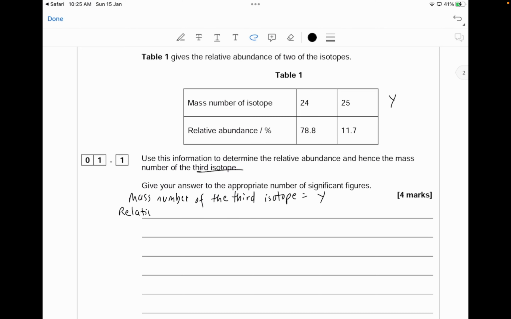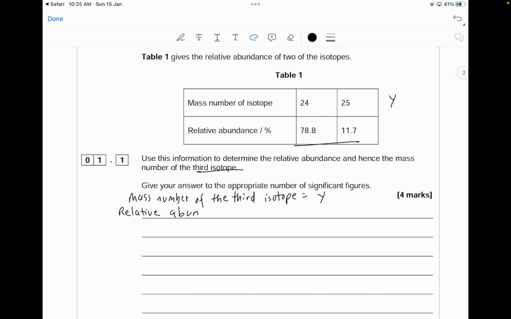So they have given us the 2 relative abundances, meaning that we can add these 2 values together and subtract it from 100%. Since we know that this is a percentage, the total is going to be 100%. So the relative abundance of Y in terms of percentage is going to be 100% minus 78.8% plus 11.7%. So guys, when you put this in your calculator, do not take into consideration the percent sign.